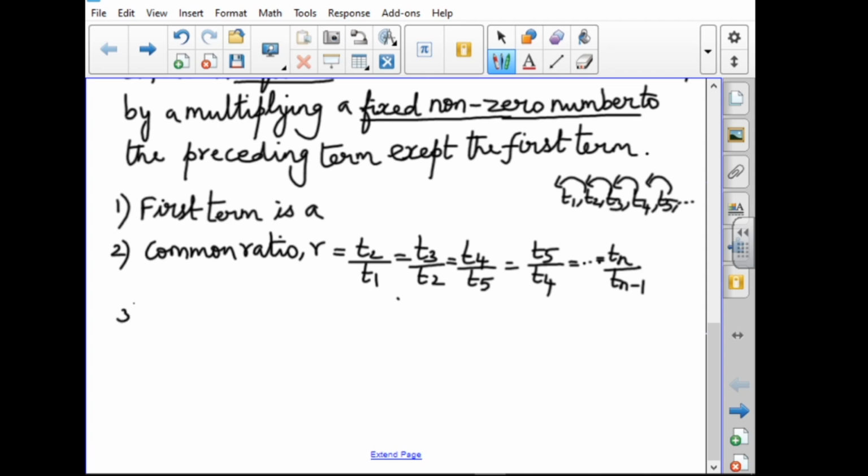Third, the nth term, that is the general term. It is given by the formula Tn equal to A into R power n minus 1. For R alone you have the power.